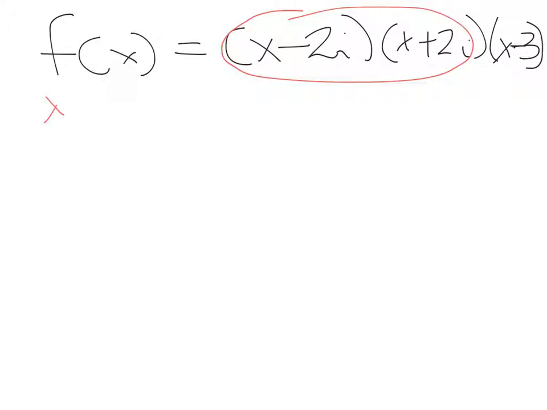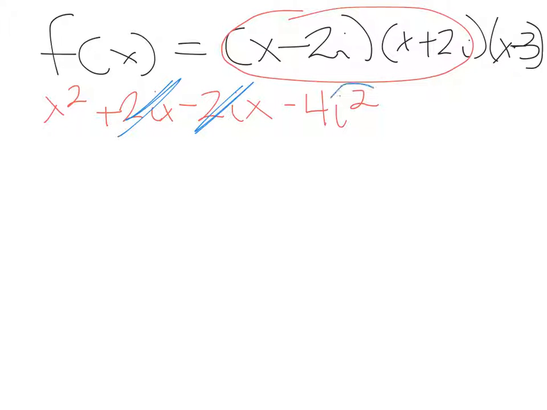X times x is x squared. X times 2i is a positive 2ix. Negative 2i times x is a negative 2ix. Negative 2i times positive 2i is going to be a negative 4i squared. This and this cancel off. This i squared right here is negative 1. So I really have an x squared plus 4, because negative 4 times negative 1 is really just going to be a 4.